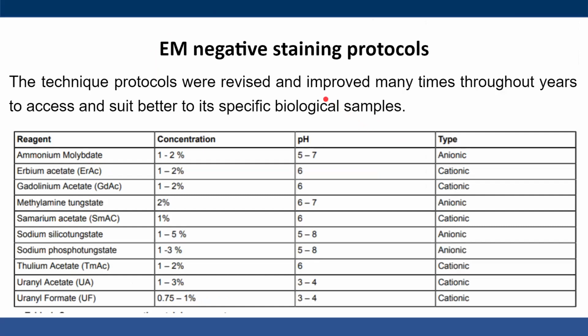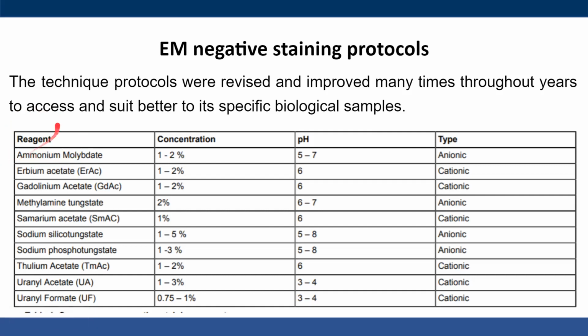This technique's stain protocol was revised and improved many times throughout history and adapted to suit better its specific biological samples. So we have a lot of types of reagents with different sources of heavy metals.